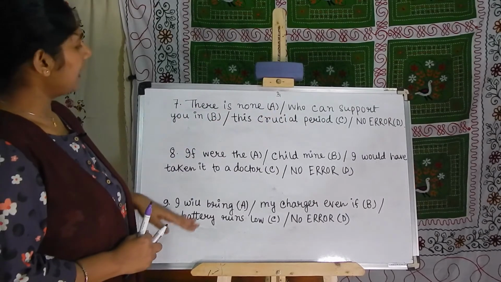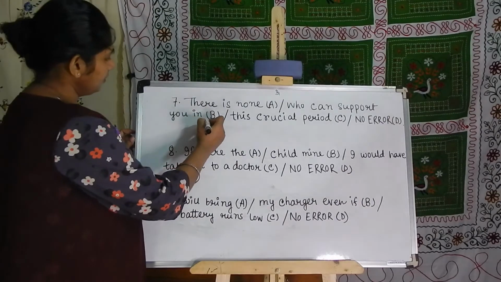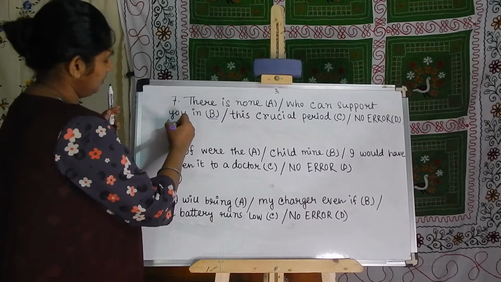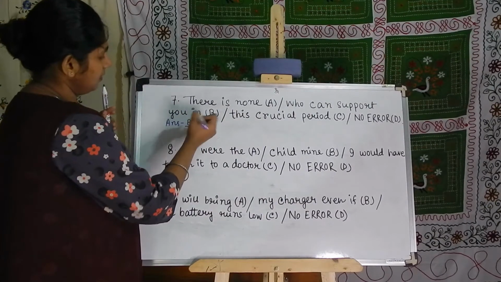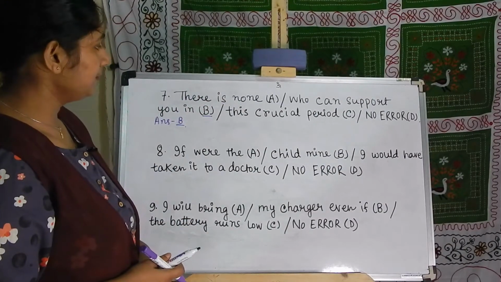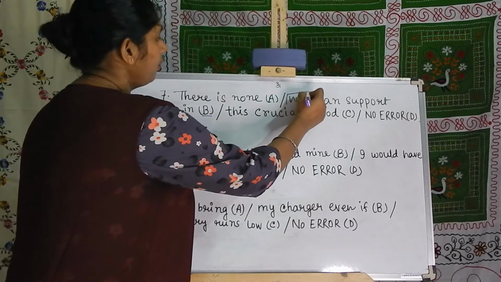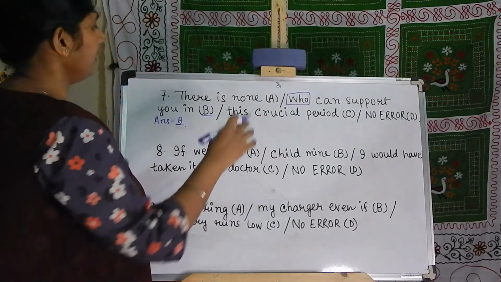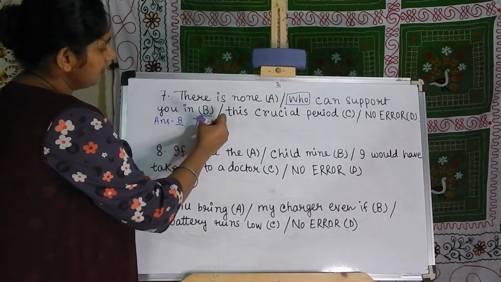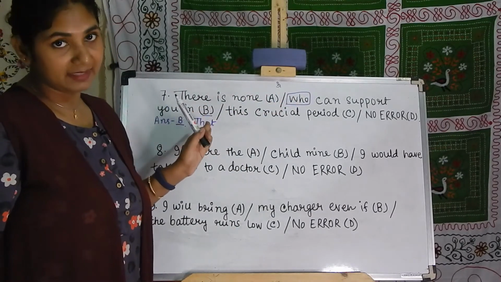So the problem lies in section B. So answer is B. And what do you think, which one is to be replaced here? There is none who. Who is to be replaced by that. So instead of who, you have to use that here.